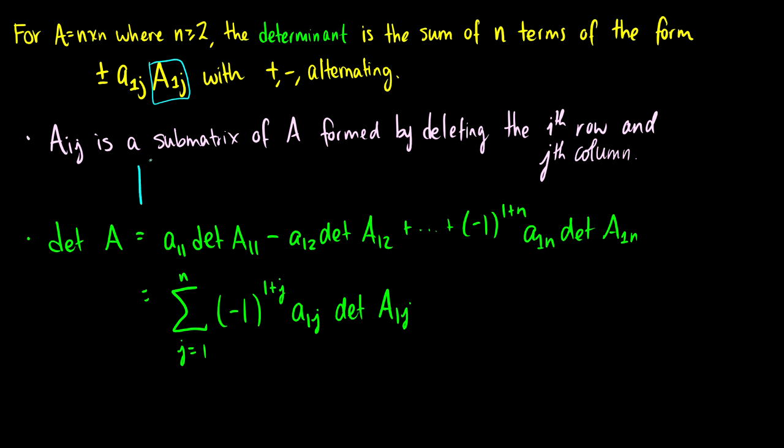So, for instance, let's say we have A11, A12, A13, and I'm going to fill in all these entries here. So that's A. Then let's say A23. To form A23, we remove the second row and the third column.